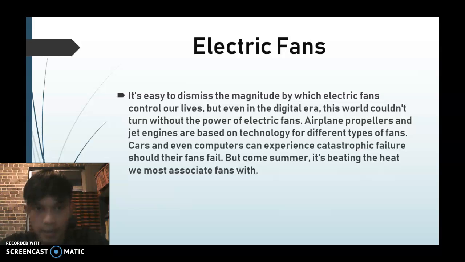Electric fans are easy to dismiss, but even in the digital era, this would call for the return of the power of electric fans.